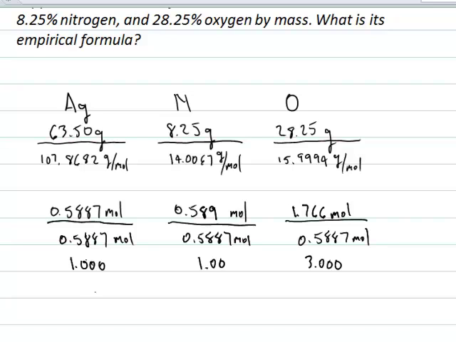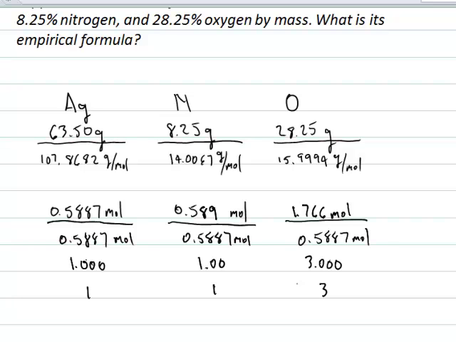So if we look at those in terms of small whole numbers, we have 1, 1, and 3. Now these worked out really, really nicely. Normally you'll get numbers like 0.999 or something like that. Numbers very close to 1, or you might get 2.01, a number really close to 2. So you may have to do a little bit of rounding on these numbers.